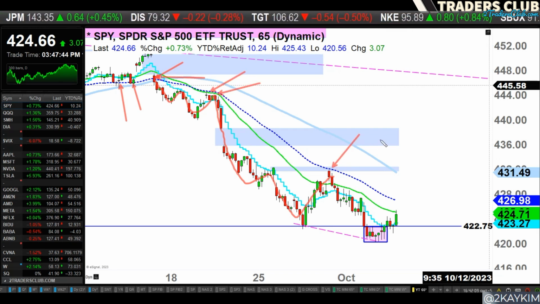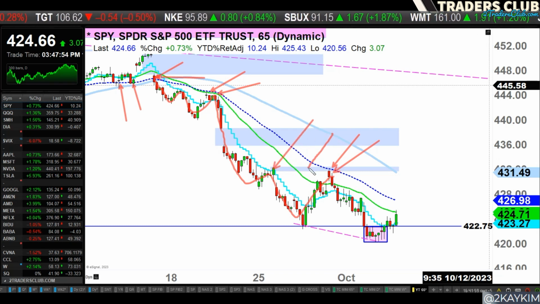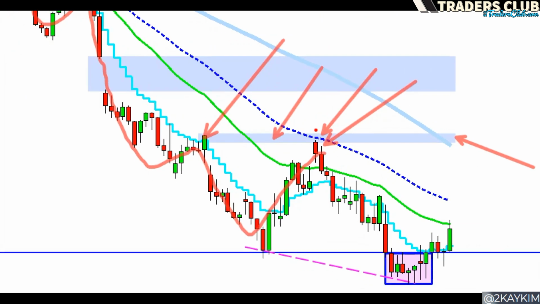You can see on that pop last week, that was the midterm teaming up with that down gap. You see the down gap wasn't fully filled. That down gap is still open. So the down gap is there, the midterm was there. I'm talking about this level right here, right? The midterm moving average is there, and the down gap is there.